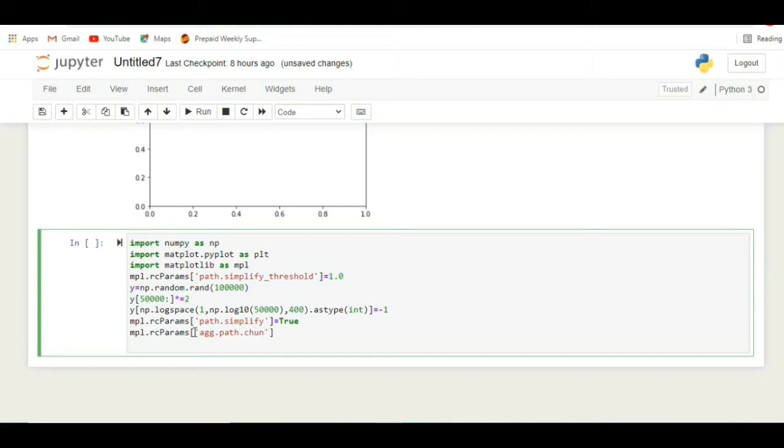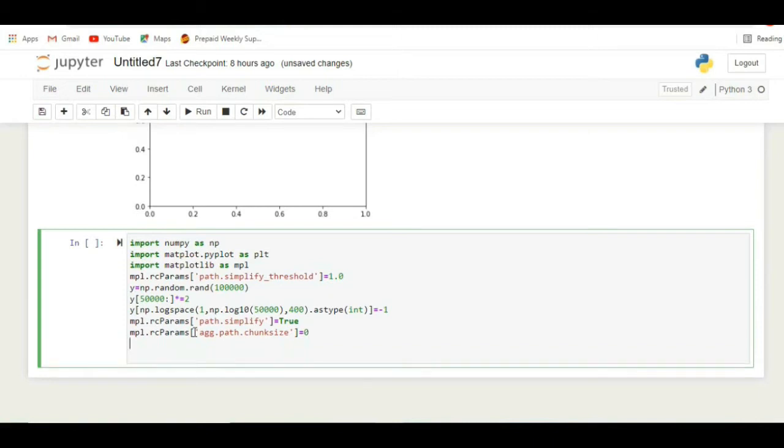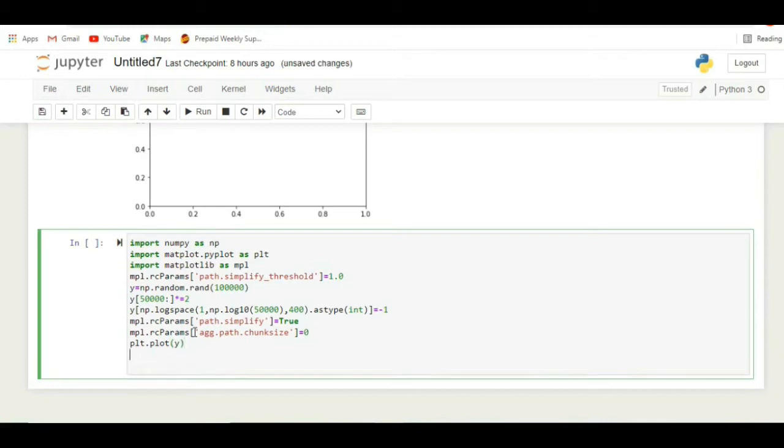And here you write is equal to 0. Then plt.plot(y), and plt.show(). Now Control and Enter, and hope this code will work.